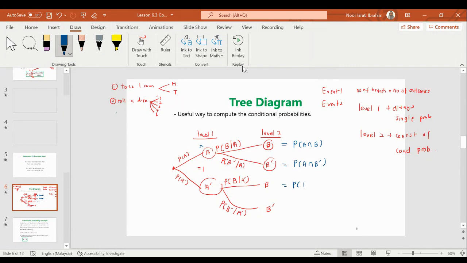And this will be the probability of A prime intersect with B, and this is the probability of A prime intersect with B prime. The product of level 1 and level 2 gives us the intersection between the two events.